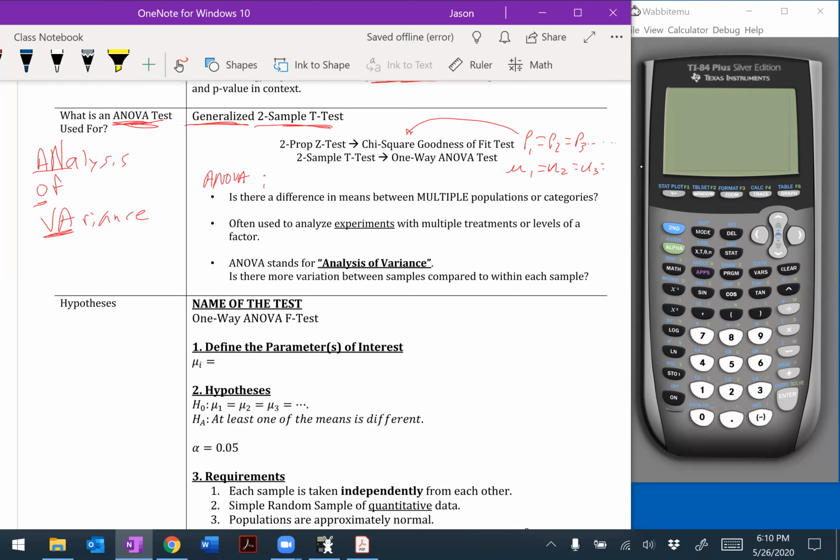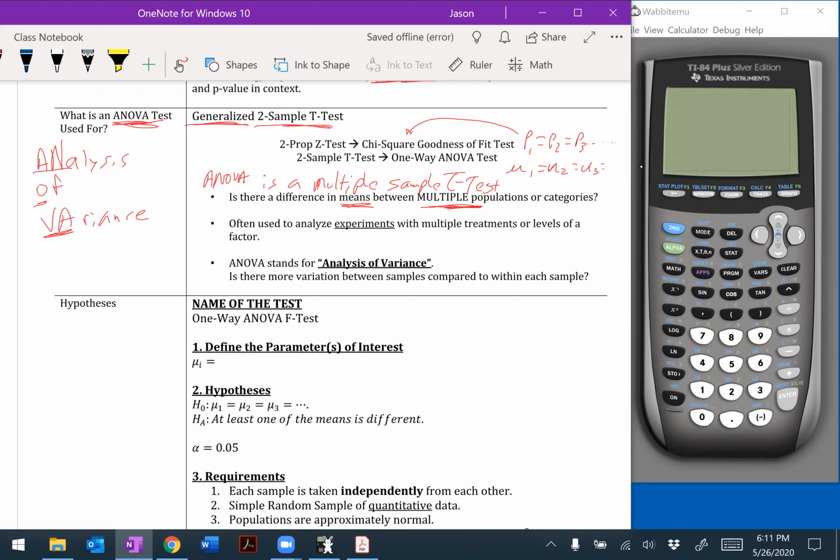ANOVA is a multiple sample t-test. We're saying, are all of these similar or is at least one different? Is there a difference in the means of multiple populations or categories?